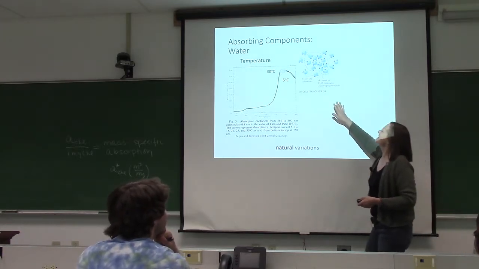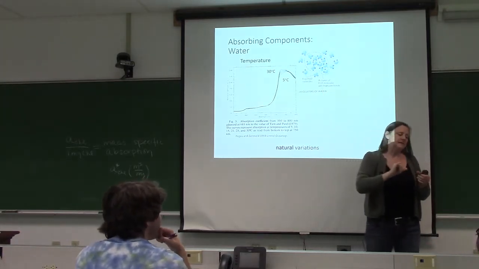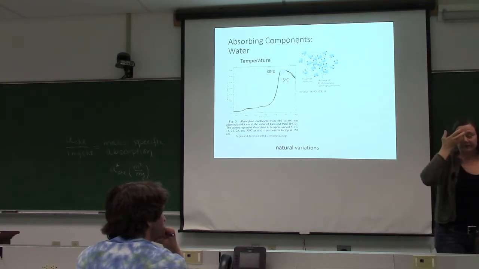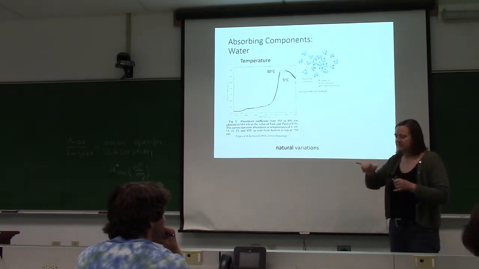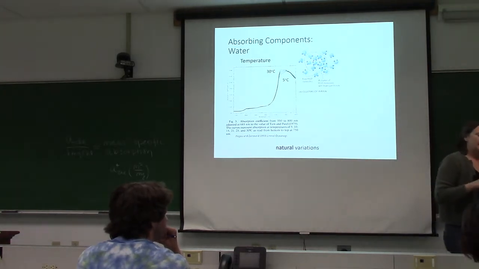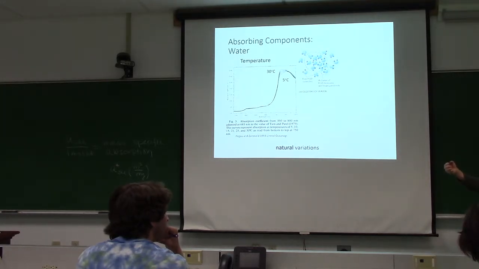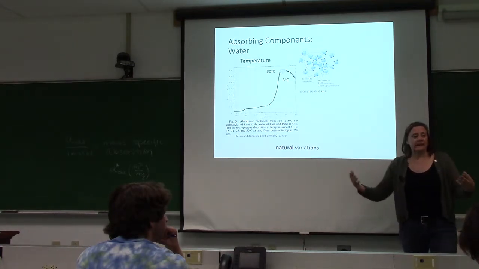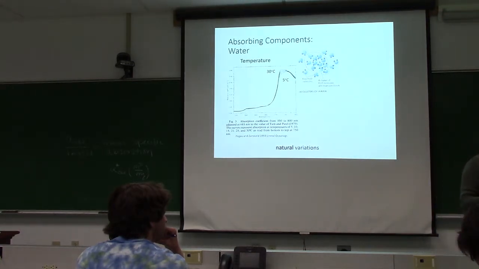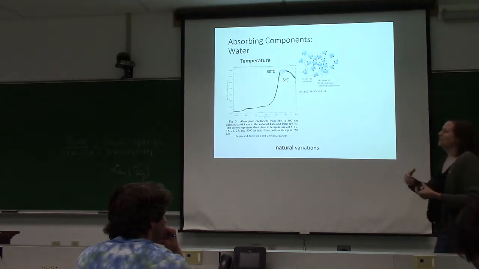So the reason is that when water molecules are next to each other, it's a polar molecule, right? The oxygen has a net negative charge, and the hydrogens have a net positive charge, and so they get these hydrogen bonds between them. And if you cool it way down, of course, they lock into a lattice structure of ice of 6 molecules. But if it's cold but not frozen, and there's not a lot of kinetic energy or vibrational energy, the molecules can pack in, and they're not moving very much.